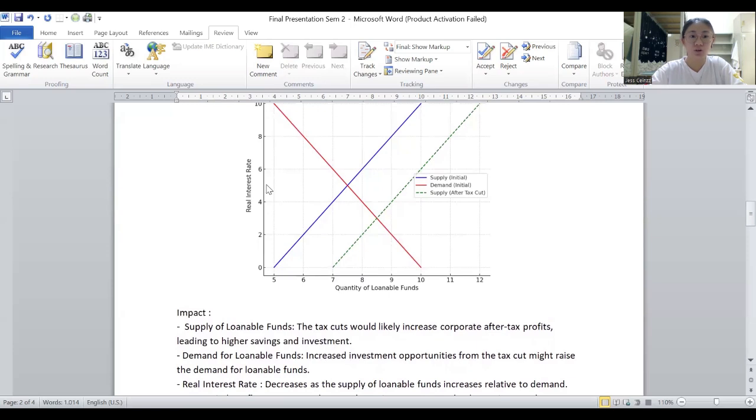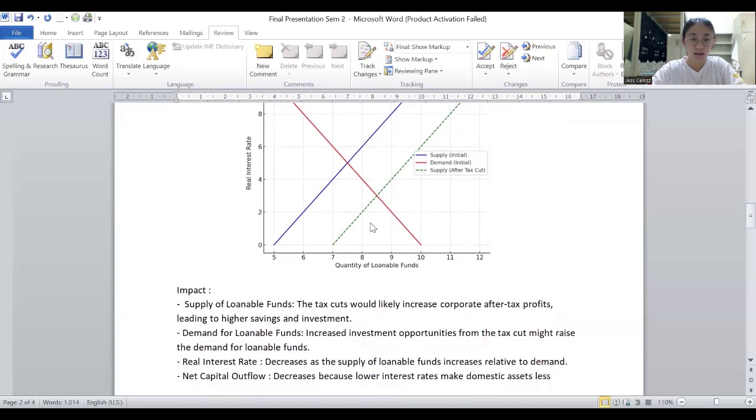And you can see here the real interest rate will decrease as the supply of loanable funds increases. So the initial real interest rate is here, and as the supply increases, the real interest rate will fall down to here. And the net capital outflow will also decrease because a lower interest rate makes domestic assets less attractive to foreign investors.